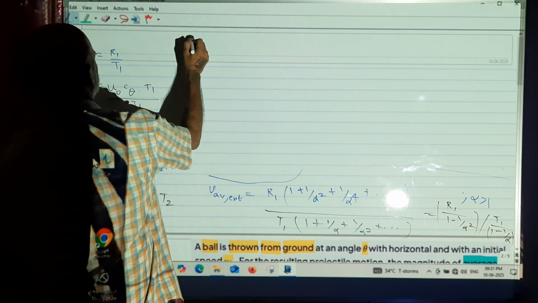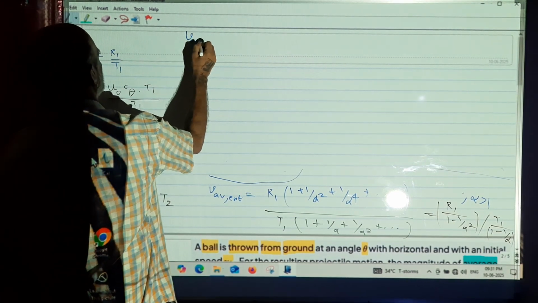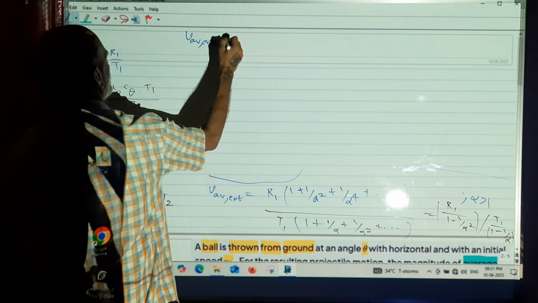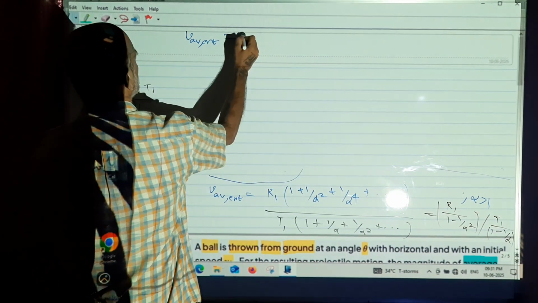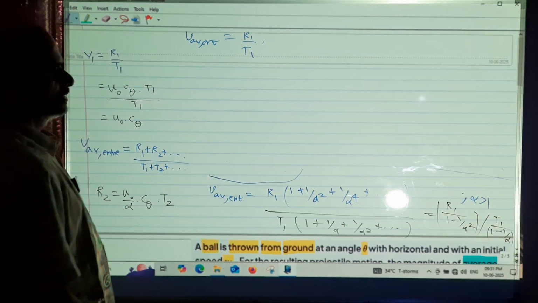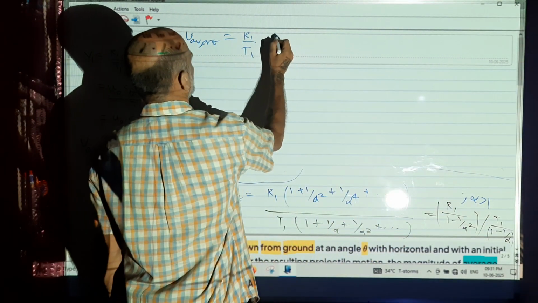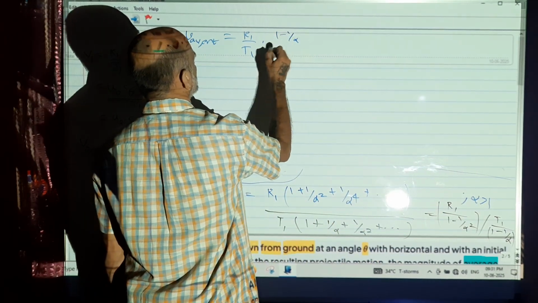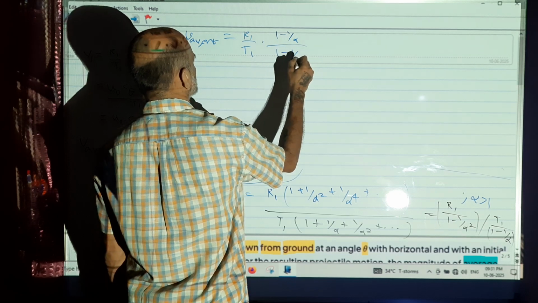So V average for the entire motion is R1 by T1 into 1 by 1 minus alpha square divided by 1 by 1 minus alpha.